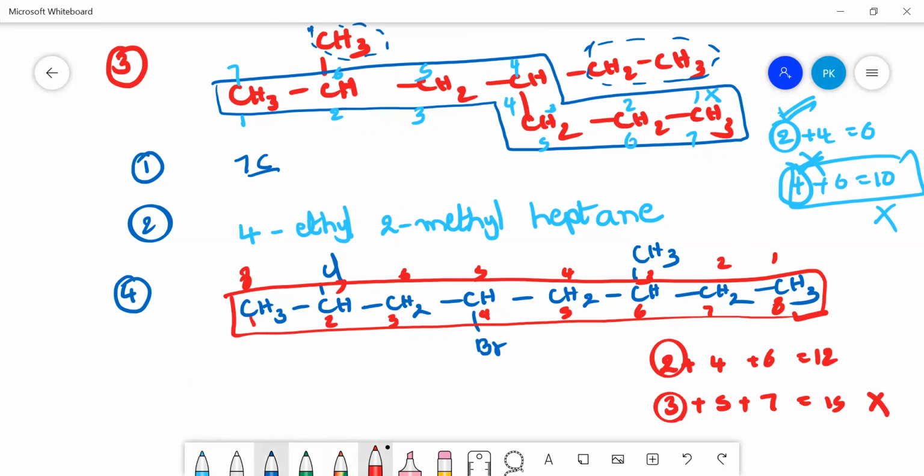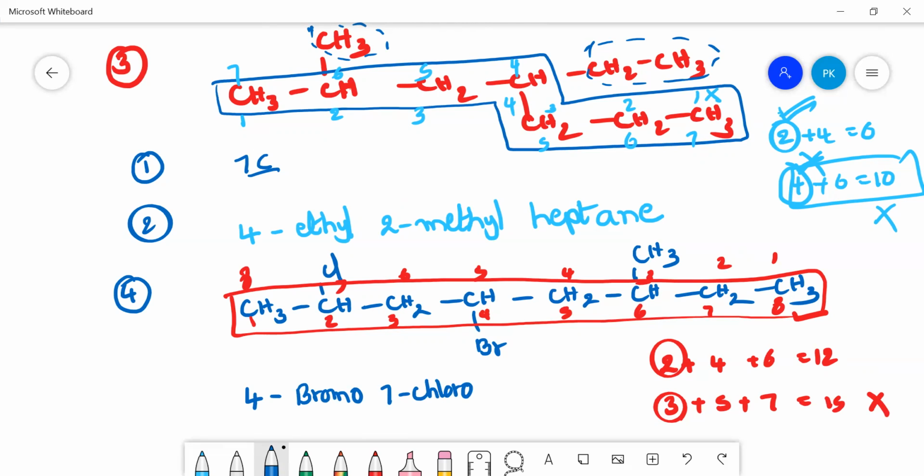Now write the name. While writing the name for substituents, you should follow alphabetical order. Chloro, bromo, methyl. Who will come first? Bromo. So which carbon is it on? On the fourth carbon, 4 bromo. Next comes chloro.